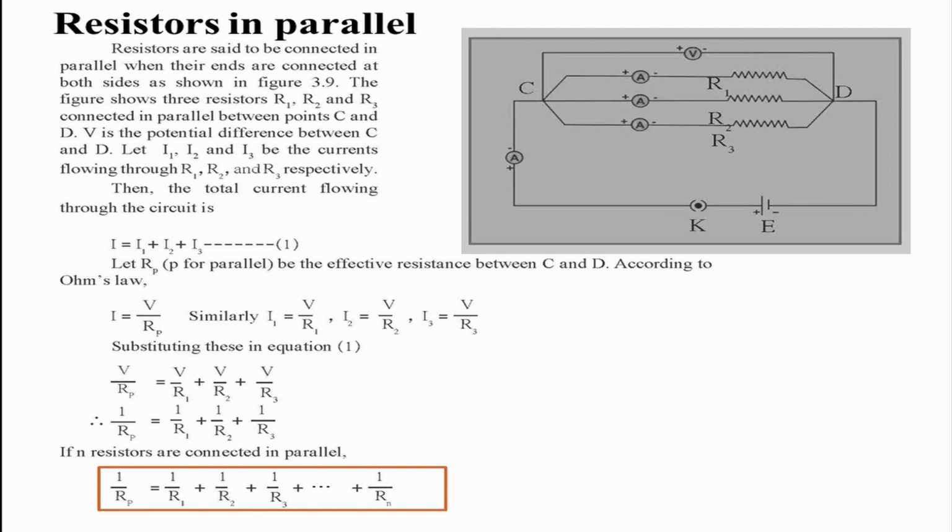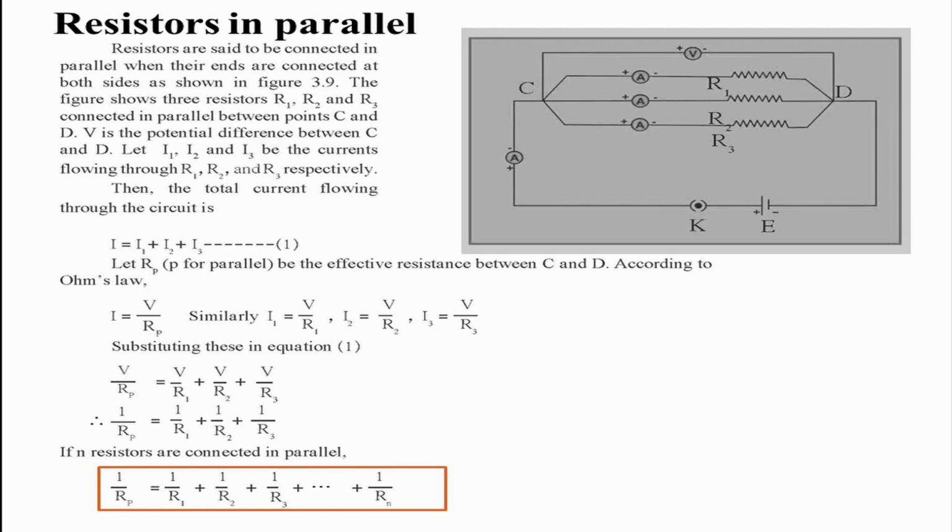So let us start the sum. Here we have resistors R1, R2 and R3 connected in parallel, and the current across each resistor will be I1, I2 and I3.